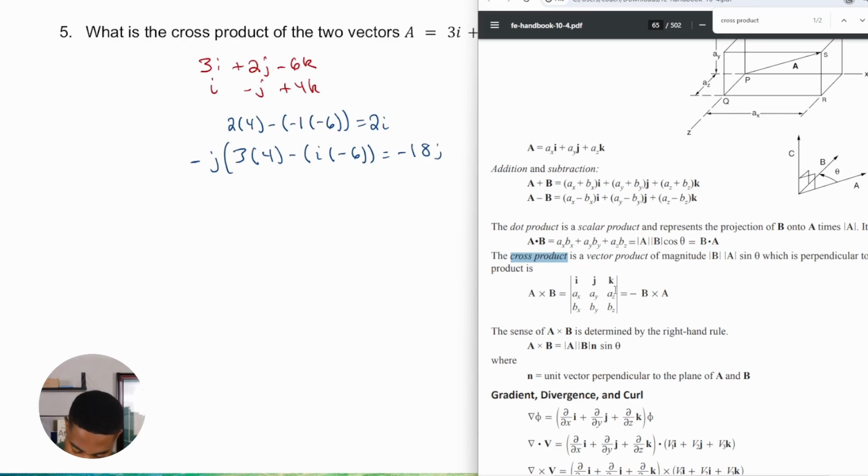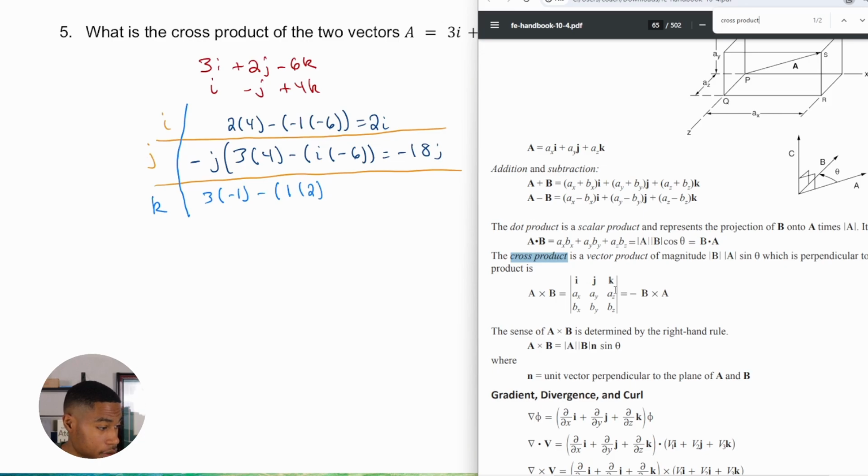And for our k component, we're going to do the same thing. So this is i. Just going to separate these out. This is our j component. And then we're now doing our k component. All right. For k, we're going to do 3 times a negative 1 minus 2 times 1.